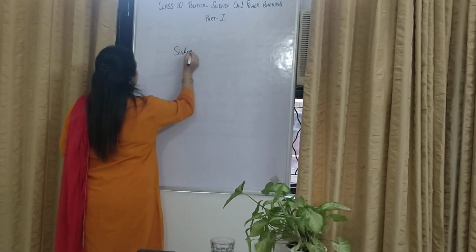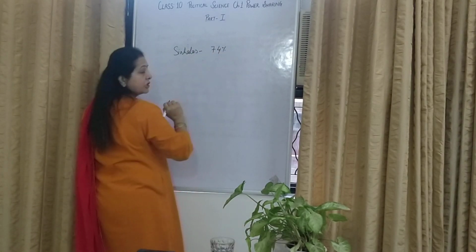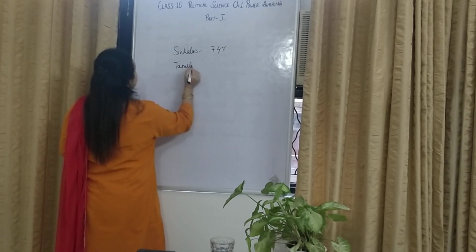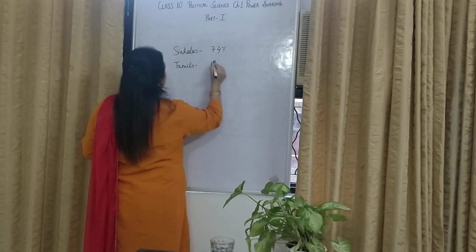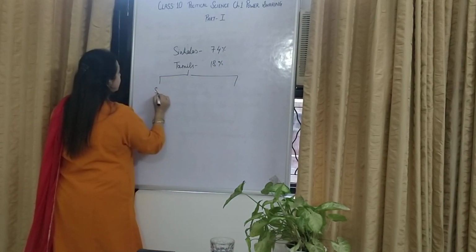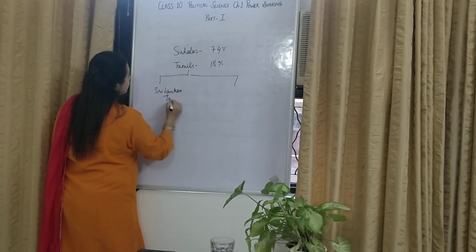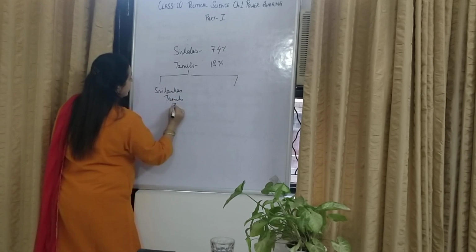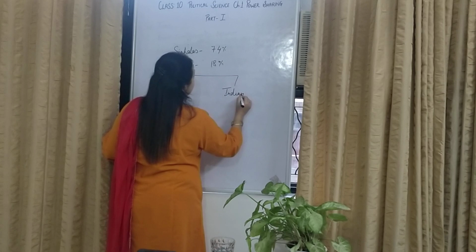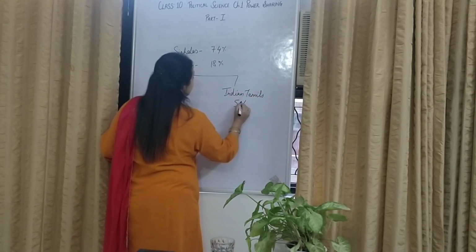Sinhalas have a 74% majority. The Tamil percentage is 18%, and it is divided into two parts: Sri Lankan Tamils 13%, Indian Tamils 5%.